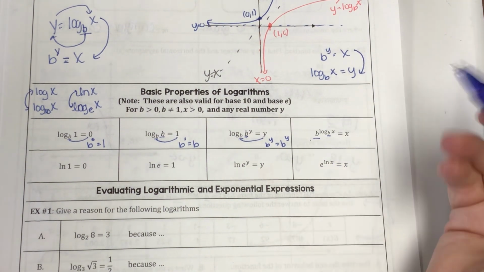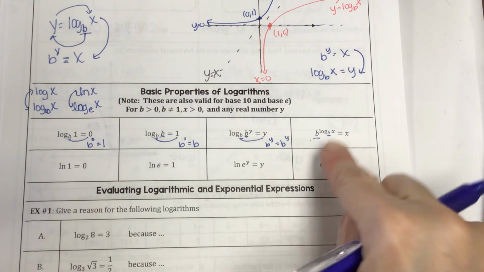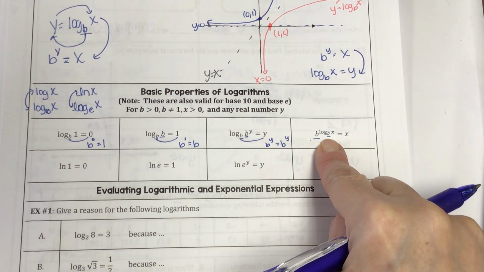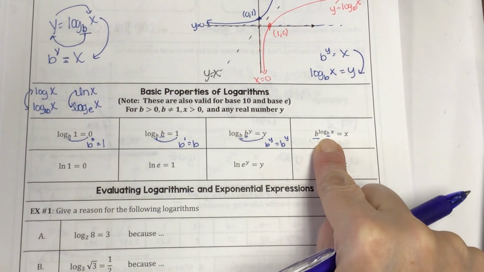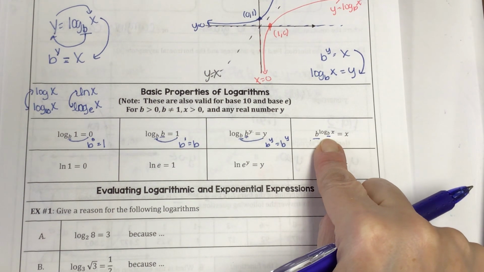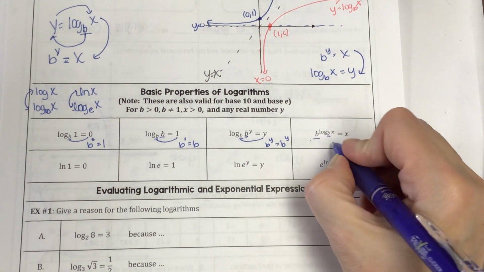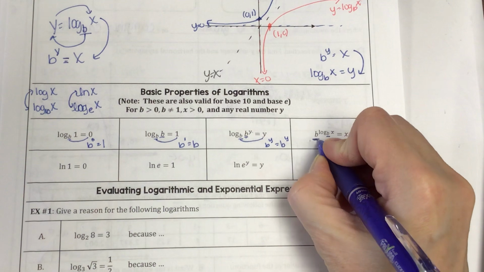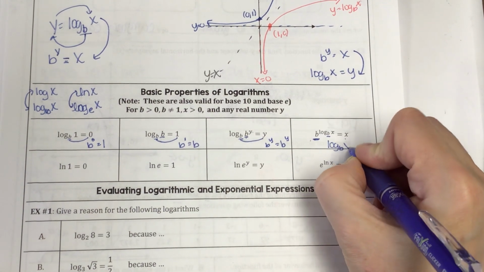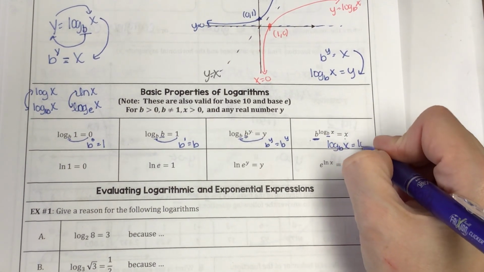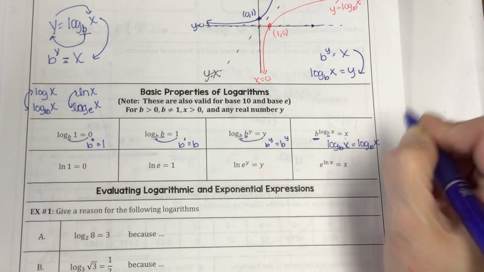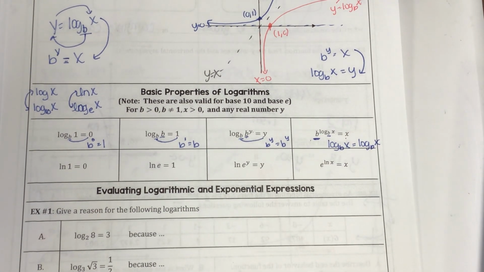And the way that we could make sense of this is an exponential equation, right? So to change that from an exponential to a logarithmic, you would have log base b of x equals the exponent, which is log base b of x. Yeah?